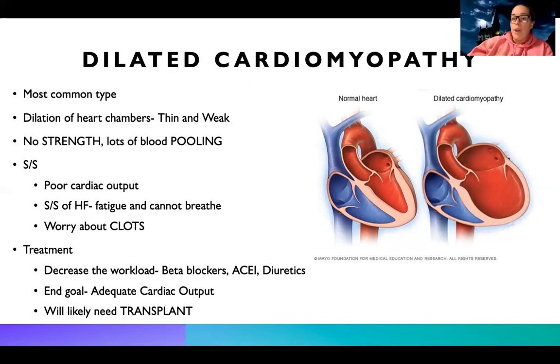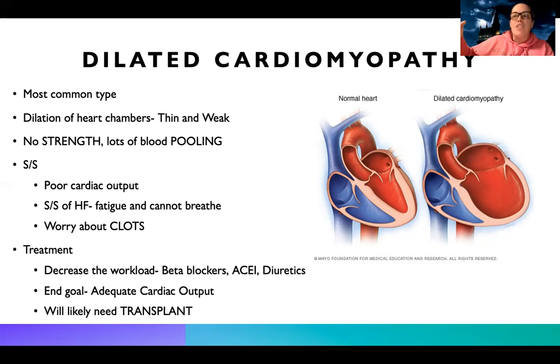But anyway, no matter what, eventually the wall of your left ventricle, that's your powerhouse, what's pumping blood out to the rest of your body, gets thin and weak. At first this might seem like it's good because it's thin, there's more space for blood to get in there. But here's the thing, it's thin and weak.